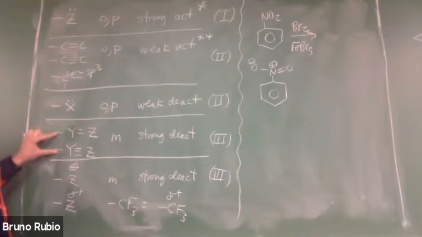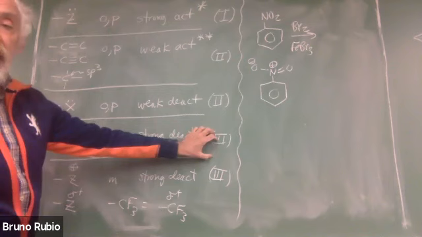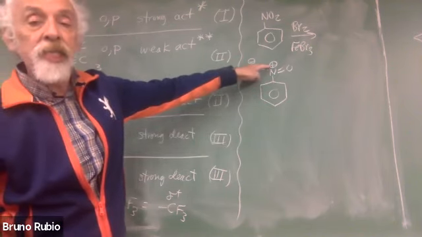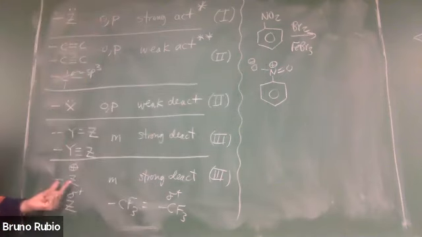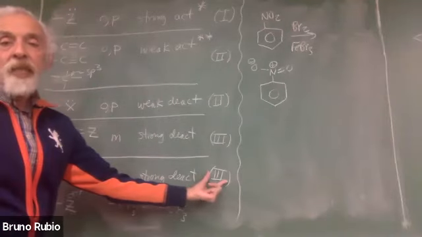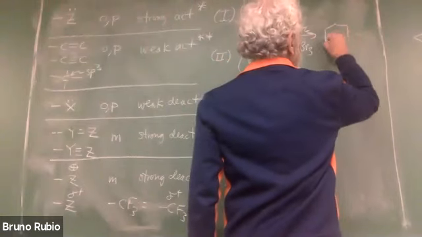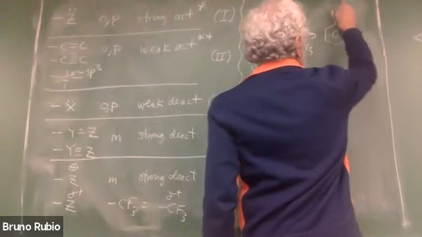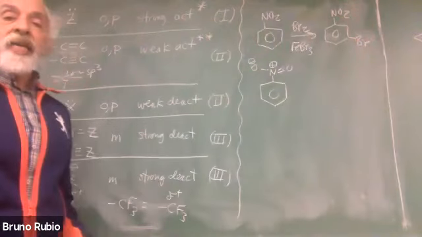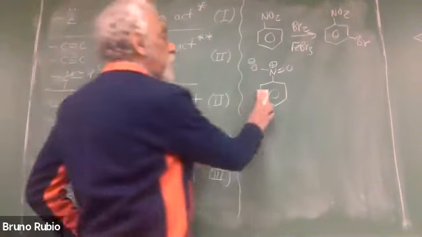That puts it in this category, meta-directing, strong deactivator, class 3. Look at the atom directly bonded to the benzene ring. It has a positive charge on it. That makes it a meta-director, strong deactivator, and class 3. So nitro is a meta-director. So the major product would be this meta-substitution product. Okay, so you see how you use the information on this table?